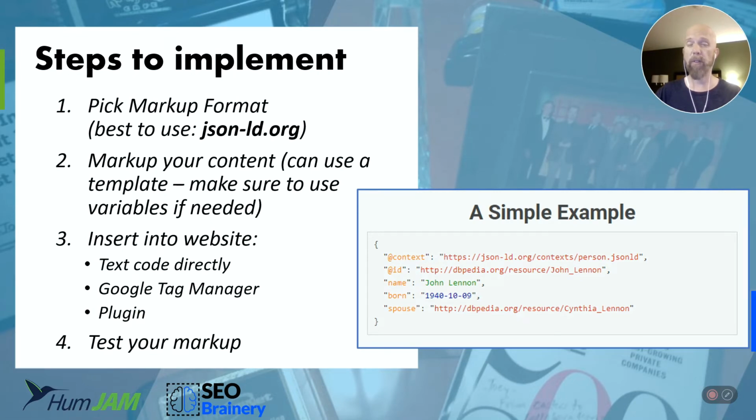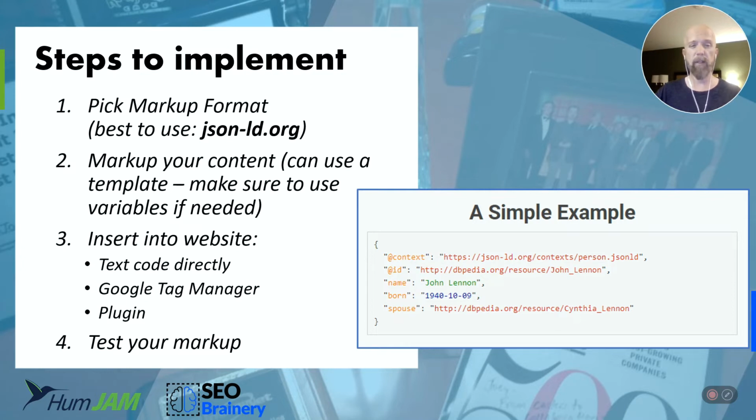Now, we're going to go over the steps to implement. Basically, we're going to pick the format, and in this case, Google loves JSON. It can also be in other formats, from writing the code directly into HTML and microdata and whatever, but JSON is the easiest way to do this. We're going to mark up the content, okay, and then insert it into the website.